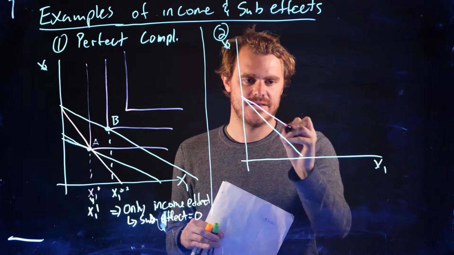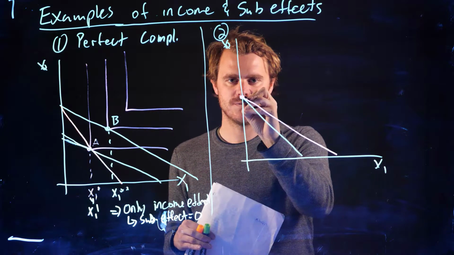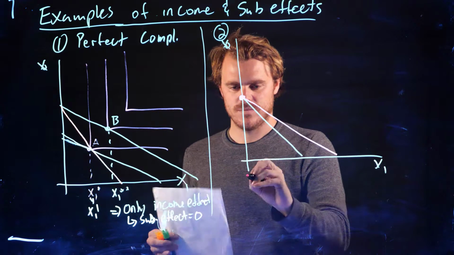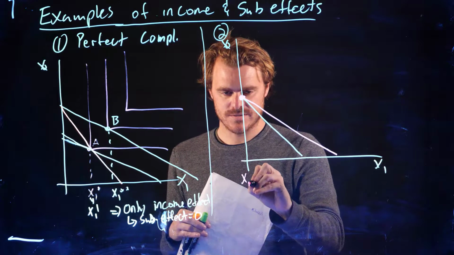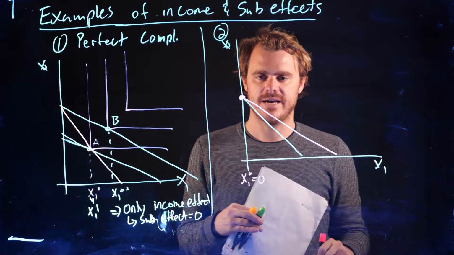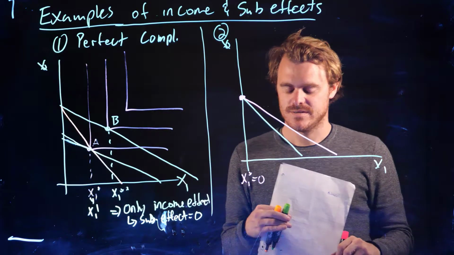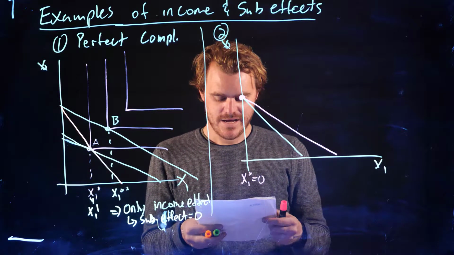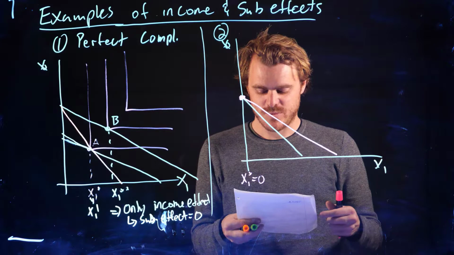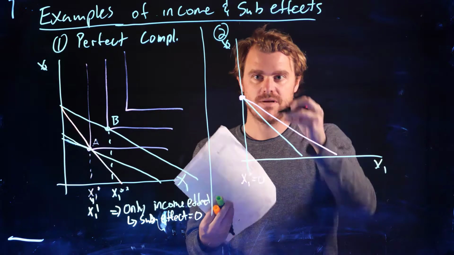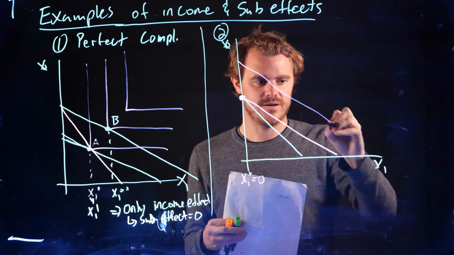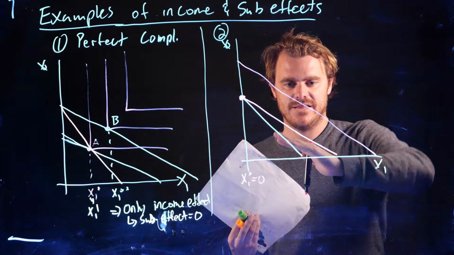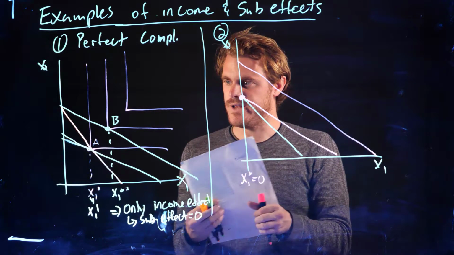So let's say that these are our indifference curves. Well, x1 equals 0 in this case. And then what's going to happen is, let's say we have another indifference curve up here, wherever we need to draw. Now let's change the price of good 1.